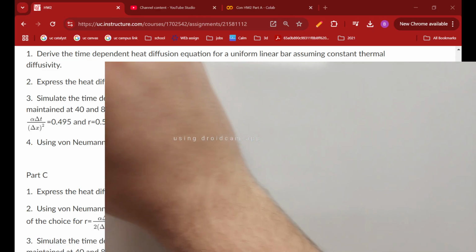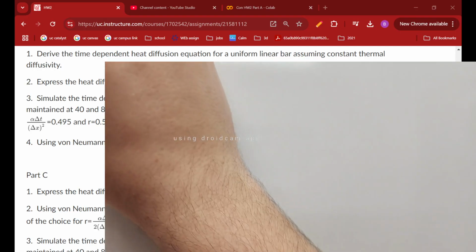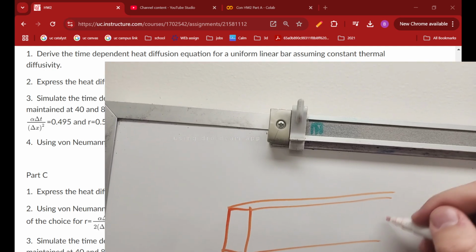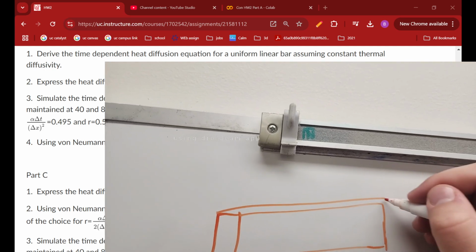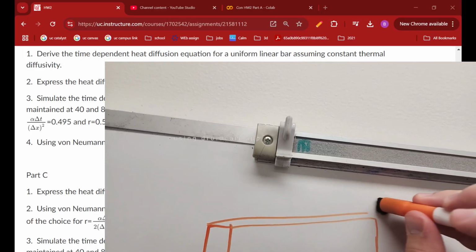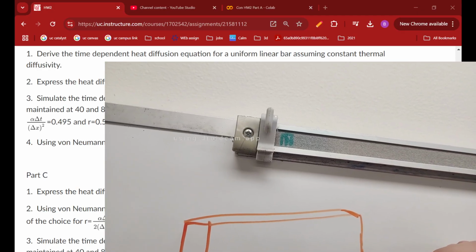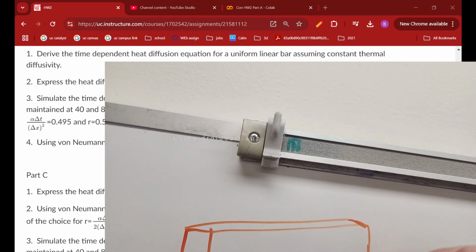So we're going to start with a bar. I never claimed to be good at drawing. Apologize for that. That would be it, right?